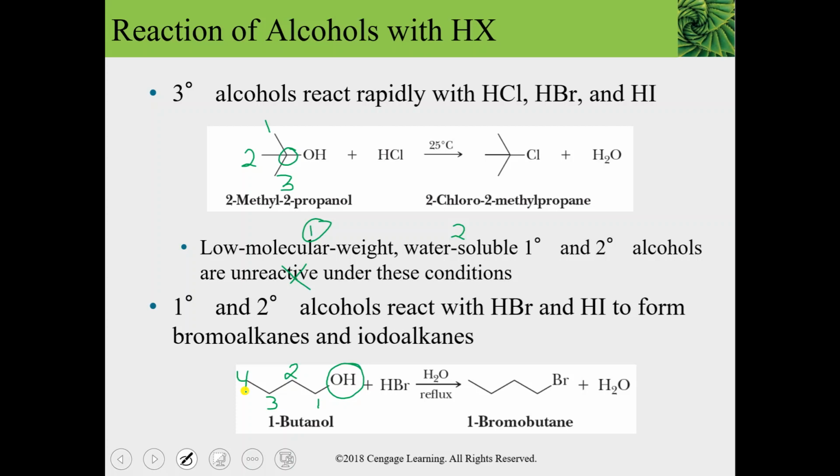That's butane, and the OH makes it a butanol. It's 1-butanol reacted with hydrobromic acid, with water, and refluxing. Remember, refluxing is long, high heat. We're going to wind up with the bromine ion substituting for the hydroxyl functional group, and we're also going to get water.